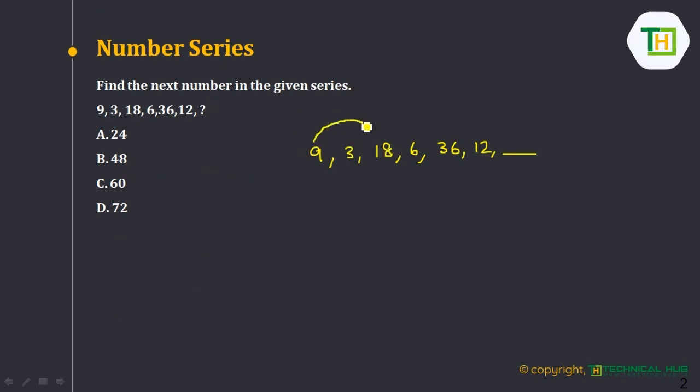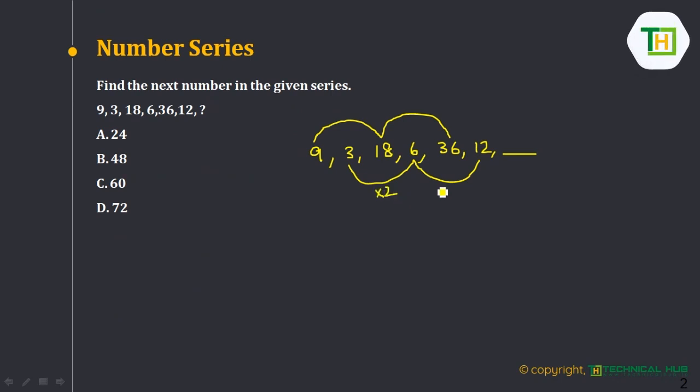If you take the numbers 9, 18 and 36, and also 3, 6 and 12, these three numbers and the remaining three numbers are related to each other in a particular manner.